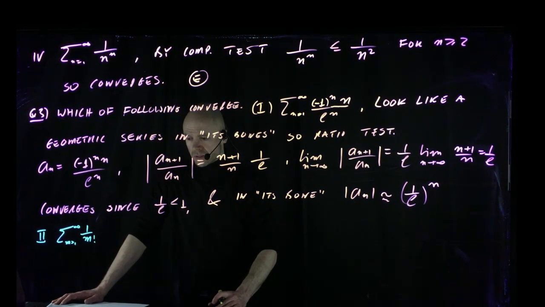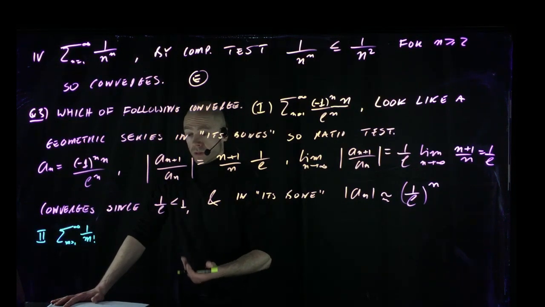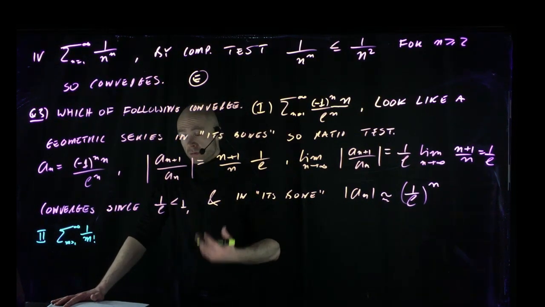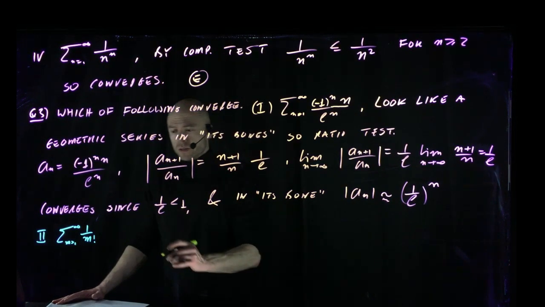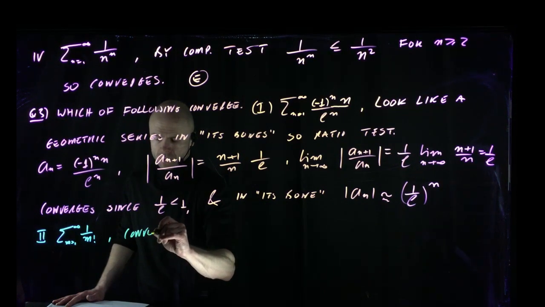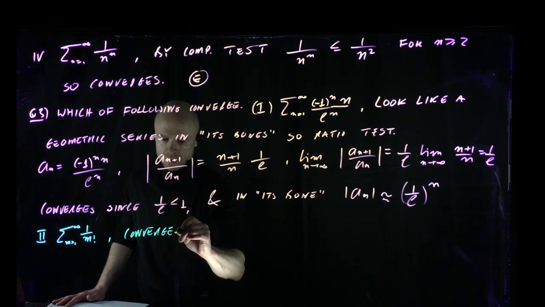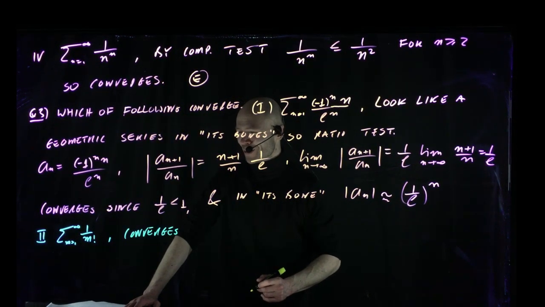The issue is, is it going to 0 fast enough? And hopefully you can quickly identify that it is, because this guy is actually even more quickly going to 0 than a geometric series. It is m factorial, so it converges, because you can compare it to almost anything. It's going to go to 0 faster, right?